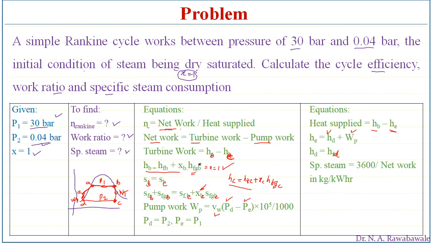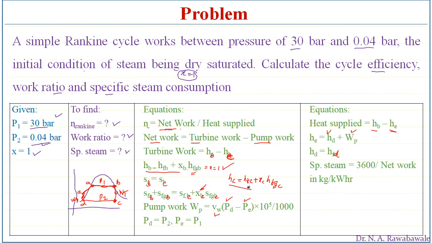First of all, enthalpy at point A can be obtained, enthalpy at point B can be obtained, but enthalpy at point C cannot be obtained. To obtain enthalpy at point C, we must know the dryness fraction at point C. To know HE, we must know HD and pump work. So what has to be done first?